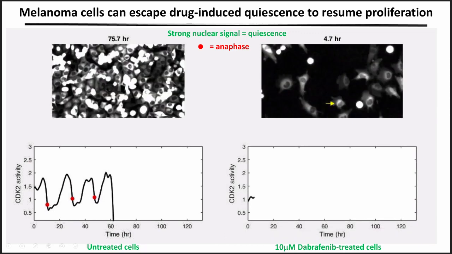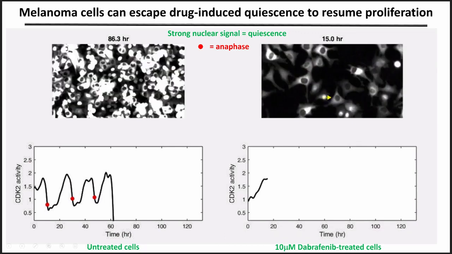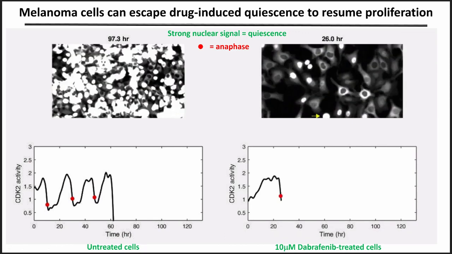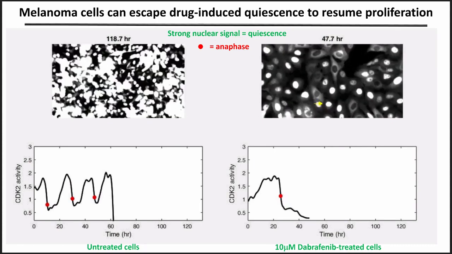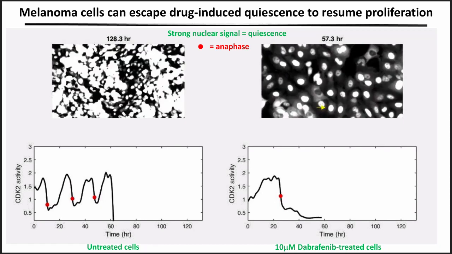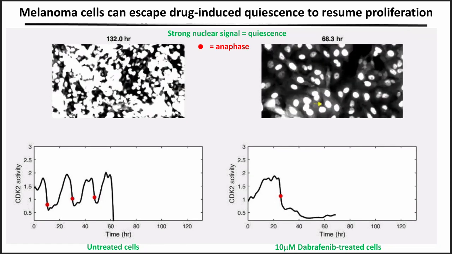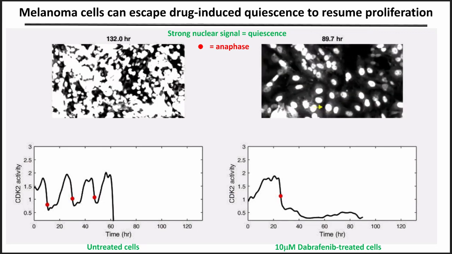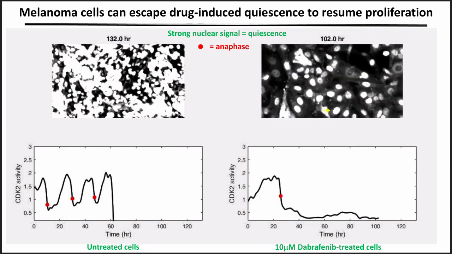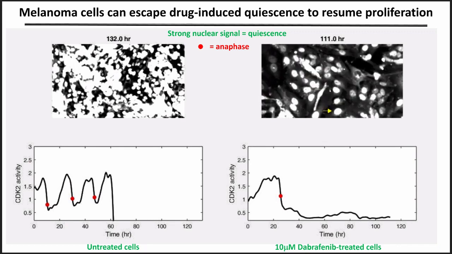On the right are the same melanoma cells treated at time 0 with dabrafenib, which is one of these clinical BRAF inhibitors. This cell completes the cell cycle it was committed to when drug was added. It divides, and it enters this prolonged quiescence for the next 4 days. And this is exactly what the cell should do because we have cut off its major proliferation pathway.